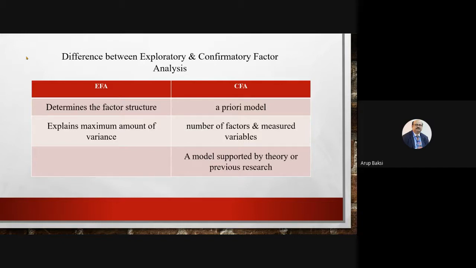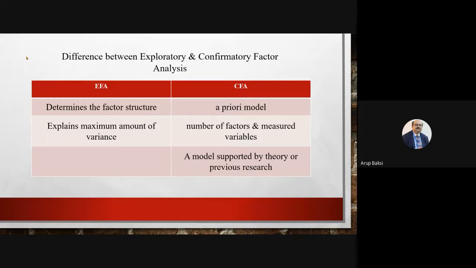But the researcher has an understanding of the existence of this kind of factor structure. So the researcher's initial objective is to explore what kind of factor structure exists. With the help of certain scale items, certain observed variables, he or she proceeds with the initial exploration before coming to the extraction of factors, and the factor structure is identified.